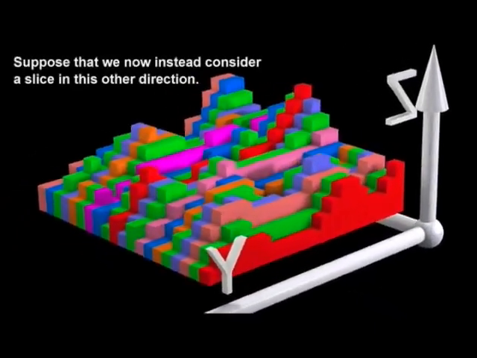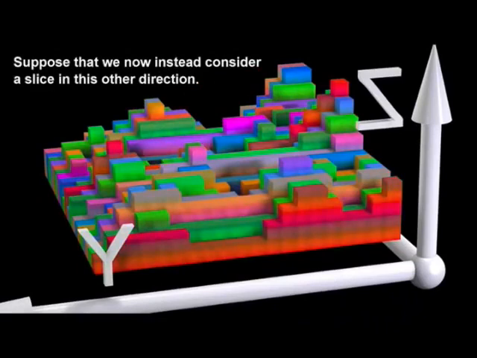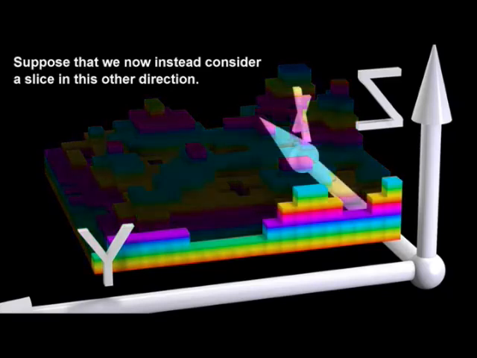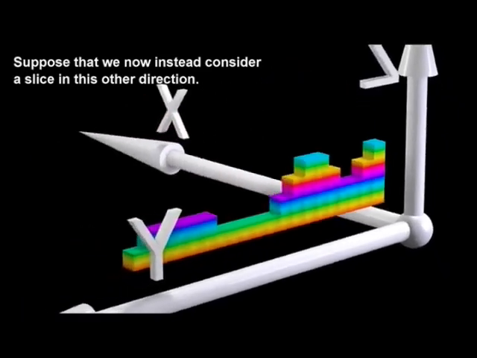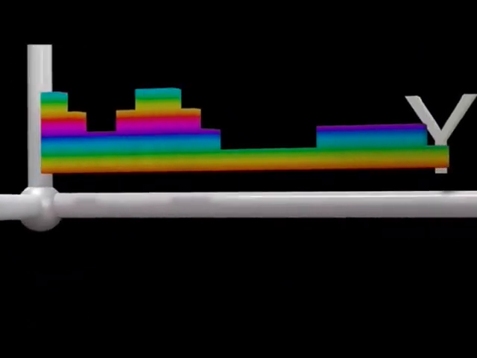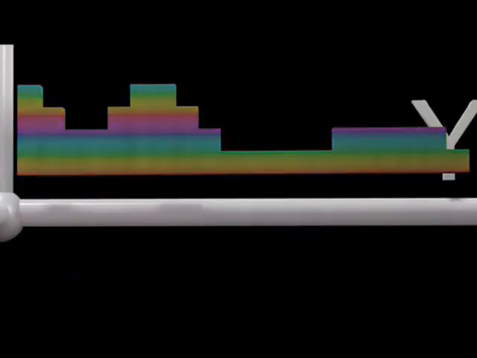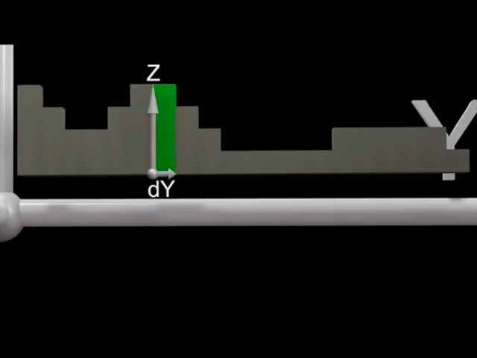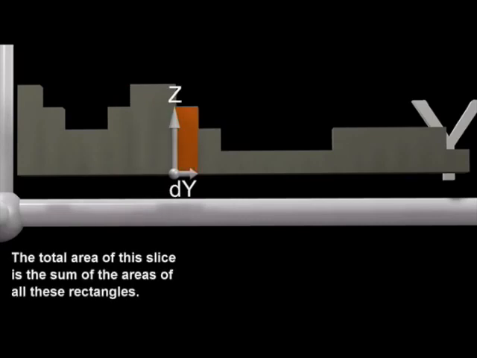Suppose that we now instead consider a slice in this other direction. This time, the area of each rectangle is z multiplied by dy. The total area of this slice is the sum of the areas of all these rectangles.